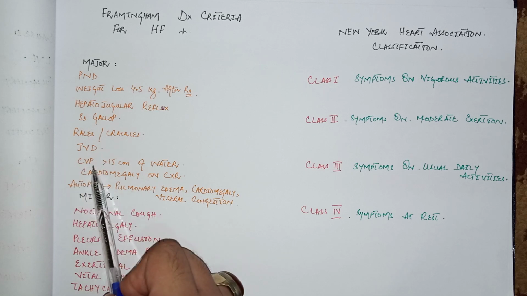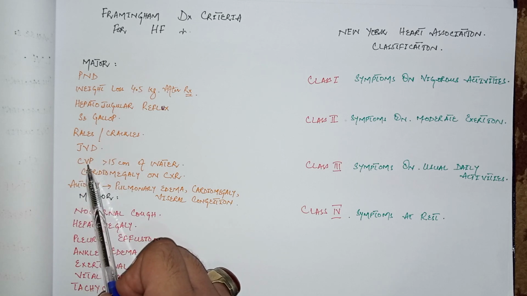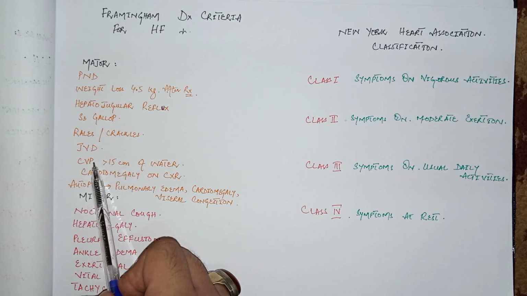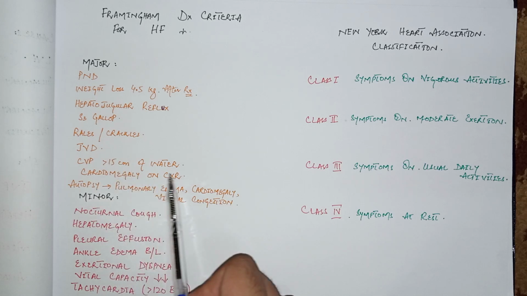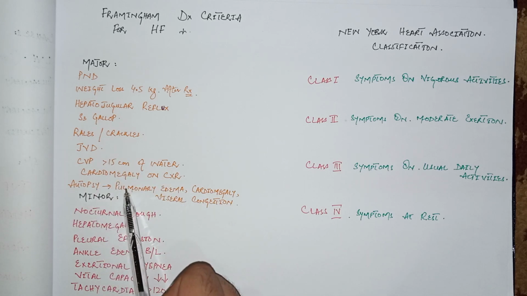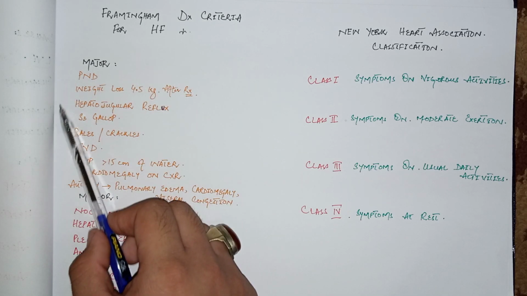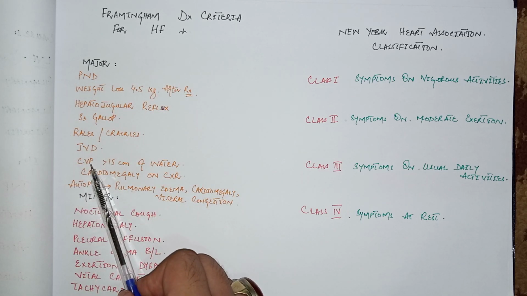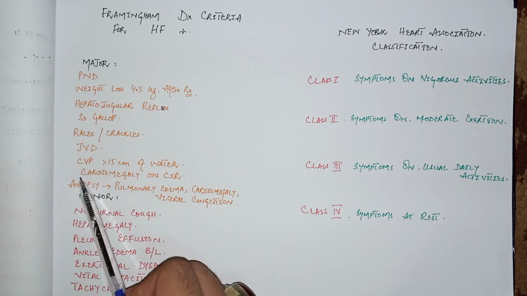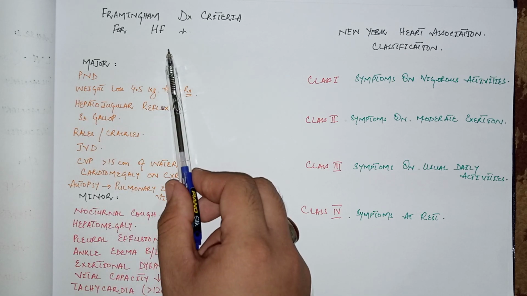This central venous pressure is basically an indirect measurement of the right atrial pressure. Also cardiomegaly on the chest x-ray, and on autopsy findings there is pulmonary edema, cardiomegaly or visceral congestion. If two from all these criteria are positive, it is suggestive of heart failure.